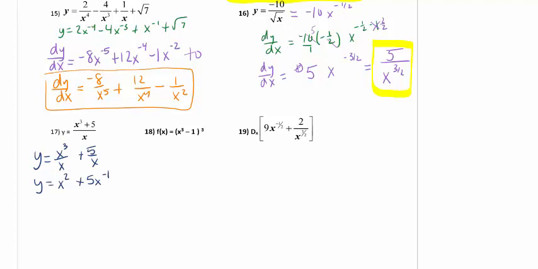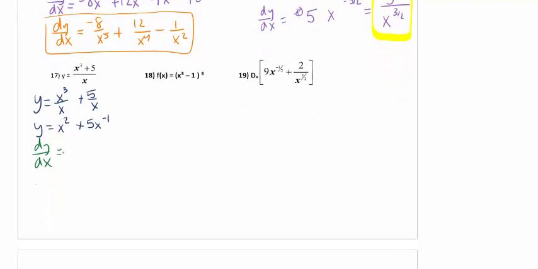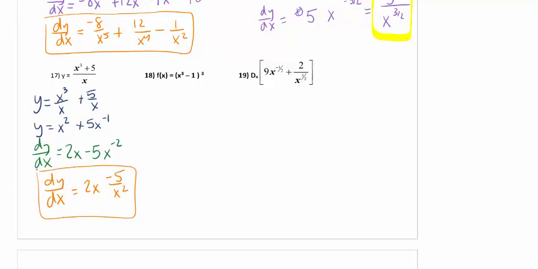So I'm now going to take the derivative, dy dx, bring down the exponent, subtract 1, bring down the exponent, subtract 1. Rewrite the problem with positive exponents. dy over dx is equal to 2x minus 5 over x squared.